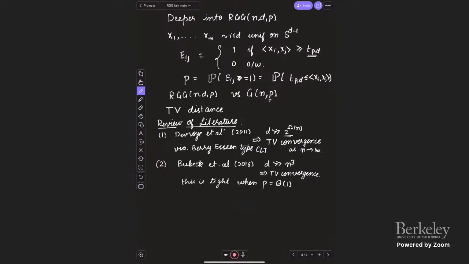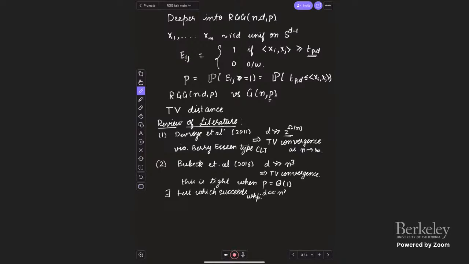That is, there is a statistical test which succeeds with high probability when d is less than or equal to n cubed. So what is this test?